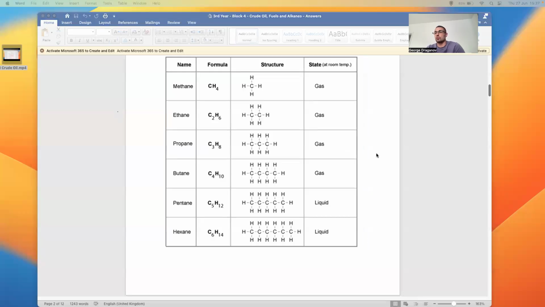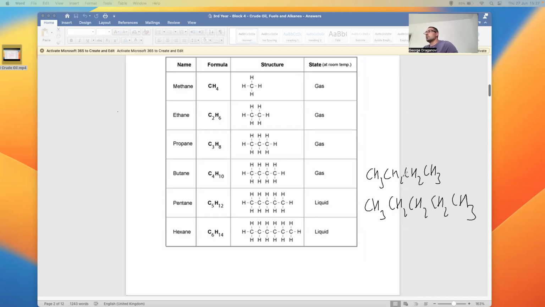They didn't do the structural, so the structural for this would be CH3, CH2, CH2, and then CH3. And the last one will be CH3, CH2, CH2, CH2, CH3. That will be the structural formula.